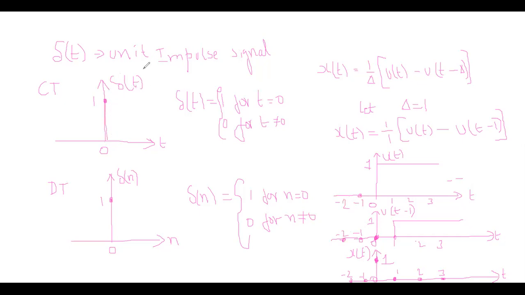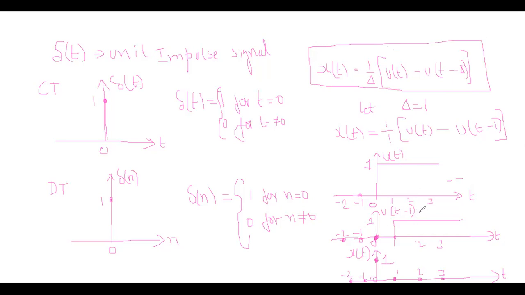Means δ(t) is equal to x(t), whatever you are assuming here, it is obtained from this equation, x(t) = (1/Δ)[μ(t) − μ(t − Δ)]. That Δ you can assume as 1, so 1/1 [μ(t) − μ(t − 1)]. The graphical representation of μ(t) is like this, and that of μ(t − 1) is like this.